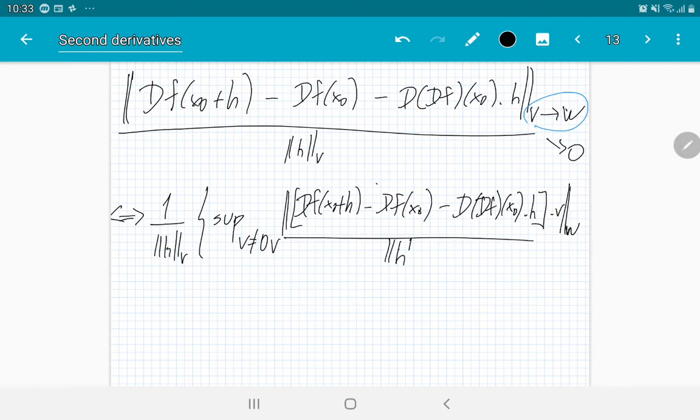I'm just computing. Let me forget about the limit when everything goes to 0. I just want to argue these two expressions are exactly the same, because if I want to compute a norm like this, what I have to do is to take a supremum like this.